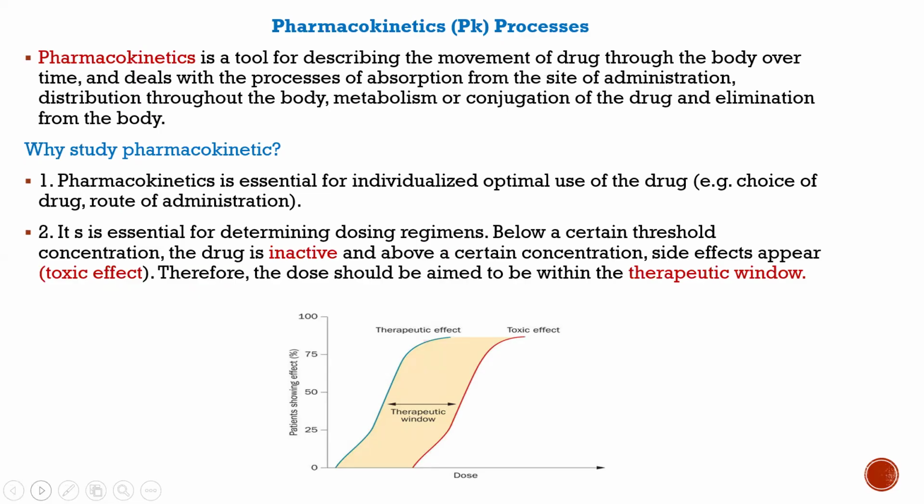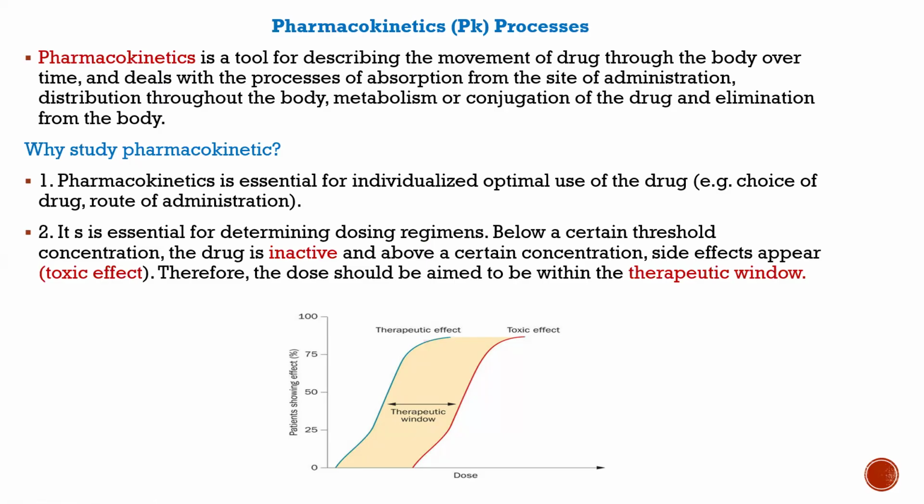Then let's look at the pharmacokinetic processes, which is our key topic of today. So what is pharmacokinetics? It is a tool for describing the movement of a drug through the body over time and deals with the processes of absorption from the site of administration, distribution throughout the body, metabolism or conjugation of the drug, and then elimination from the body.